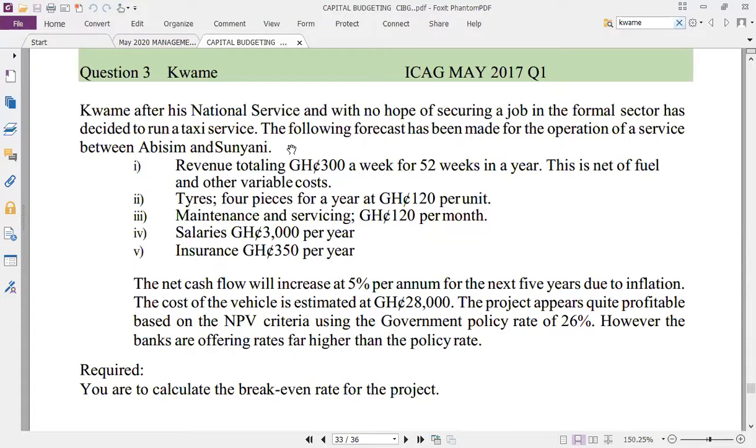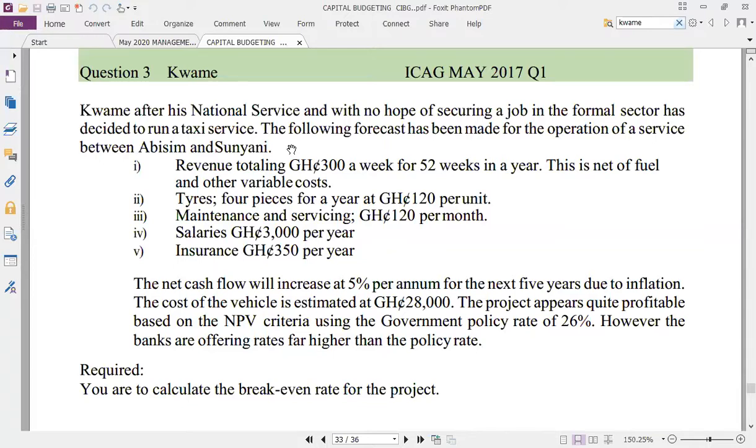The project appears quite profitable based on NPV criteria using the government policy rate of 26%. However, the banks are offering rates far higher than the policy rate. So you are required to calculate what?